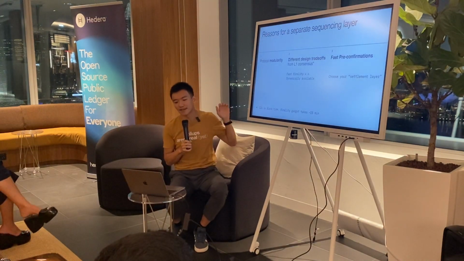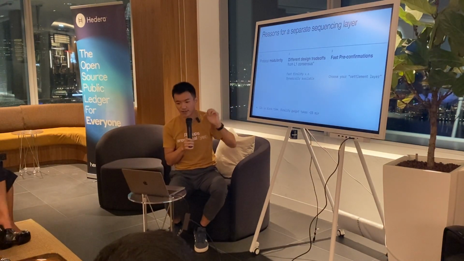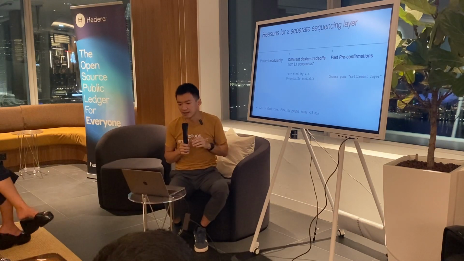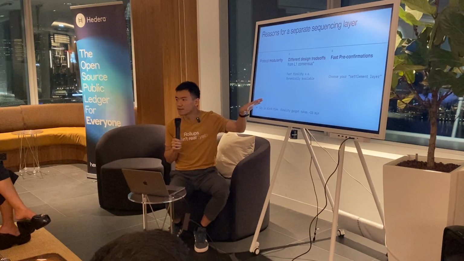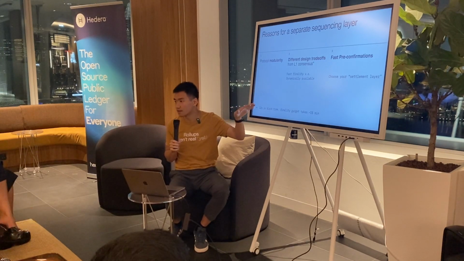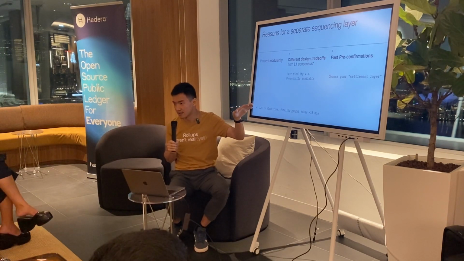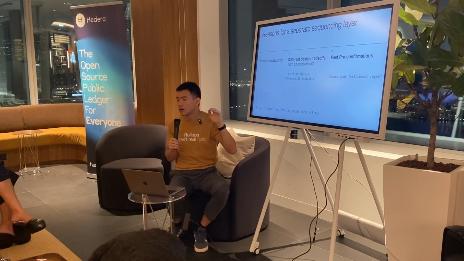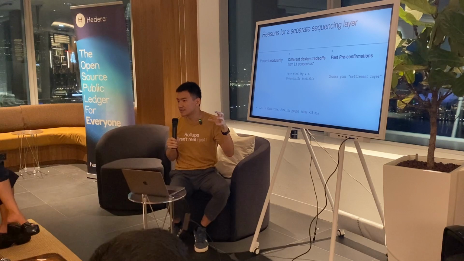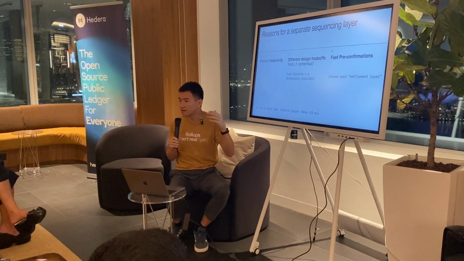Okay, so let's just summarize the reasons for separating the sequencing layer. One is modularity. The other, I think, is very, very important, right? Is that we can make different design choices and different design trade-offs from the layer one consensus. Since now we have our own sequencing layer, we can choose a different consensus protocol. What that means is that the Ethereum consensus is an availability-favoring consensus.